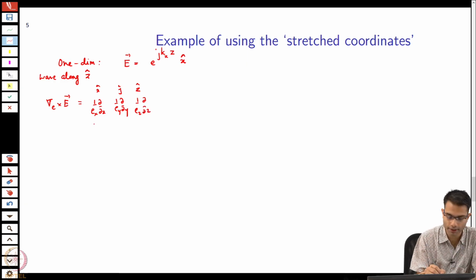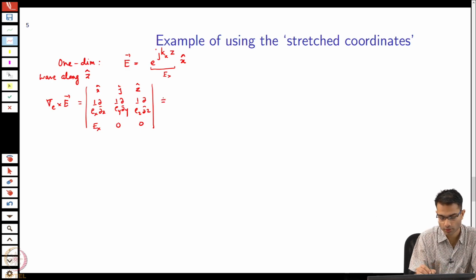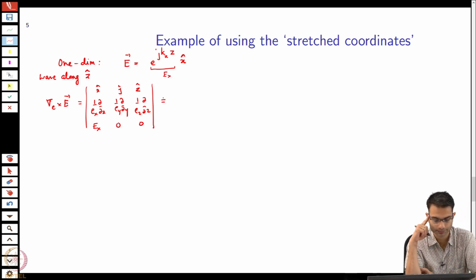and then here what do I write? Ex, this is my Ex component, right, 0, 0. Which component survives from here? Right.